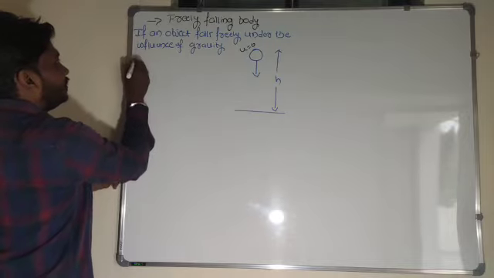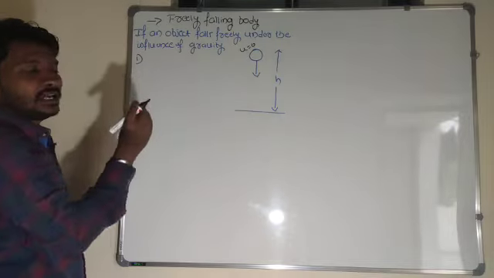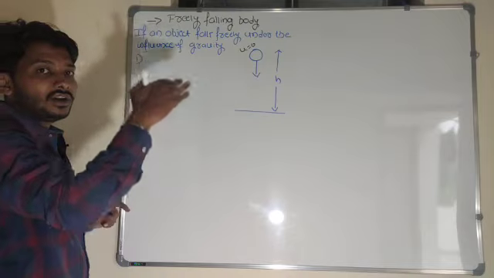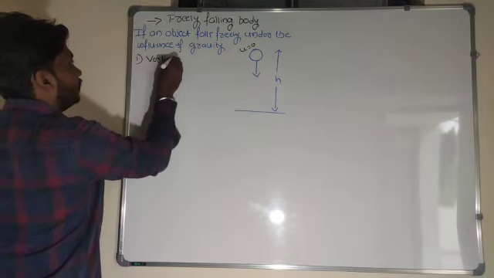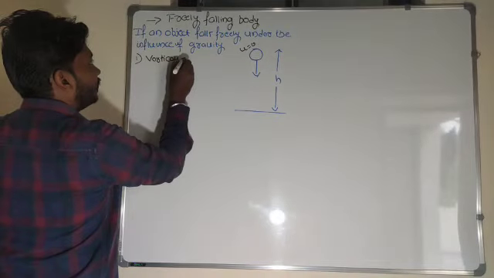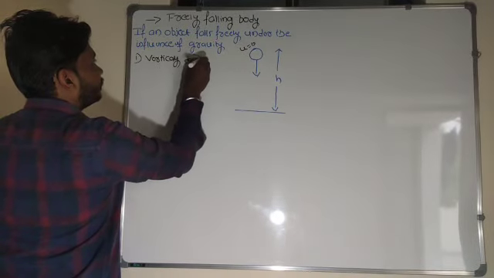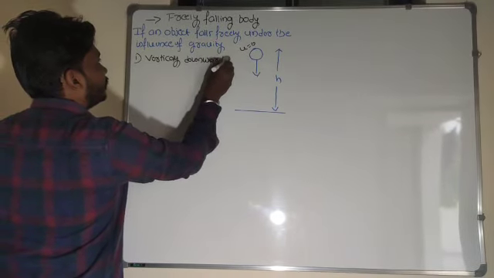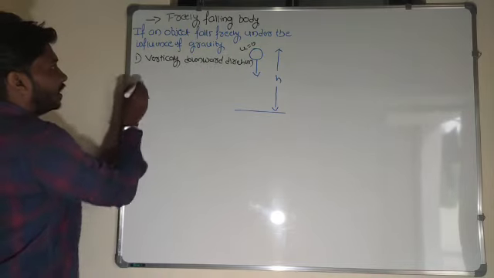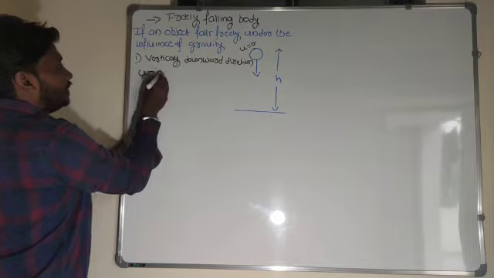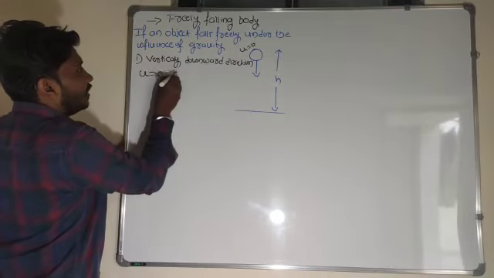First, I can consider the freely falling body equations for the vertically downward direction. That object is moving vertically downward, so its initial velocity is 0.